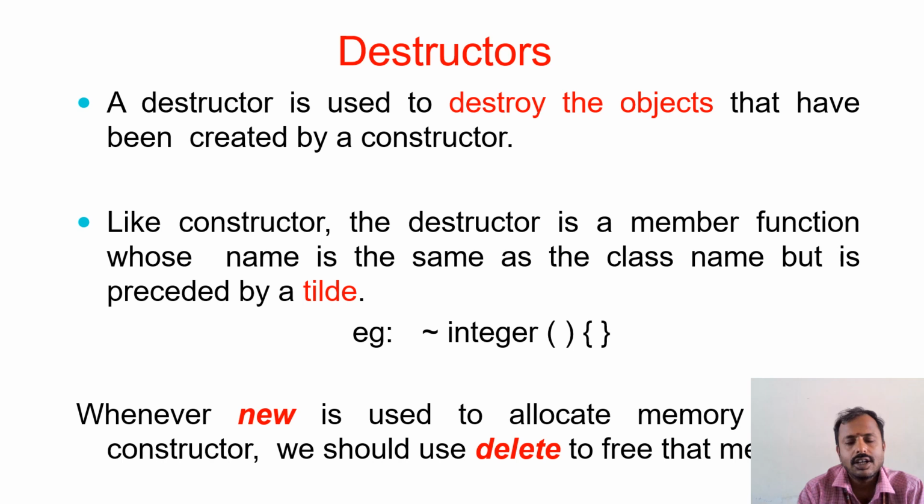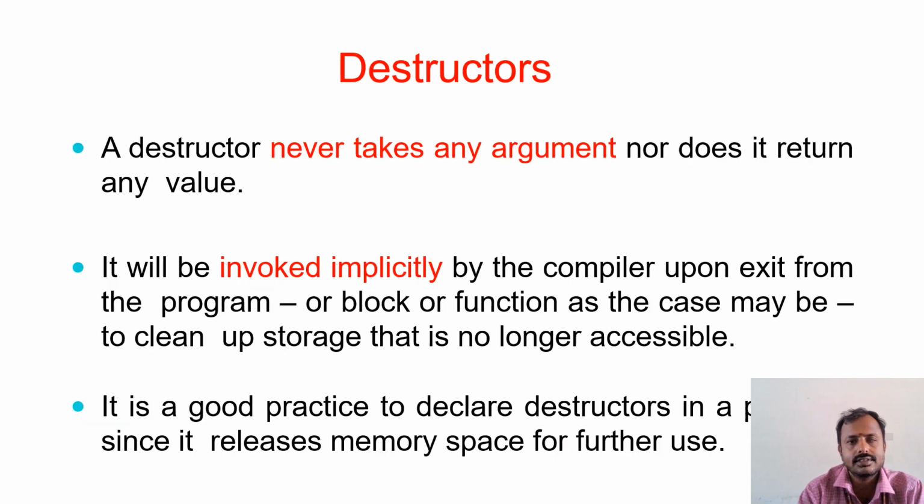We differentiate the destructor from the constructor by prefixing the symbol tilde. So I have the class integer, and the integer class has a member function prefixed with the tilde symbol, which indicates this is a destructor. A destructor never takes any arguments and does not return any value.